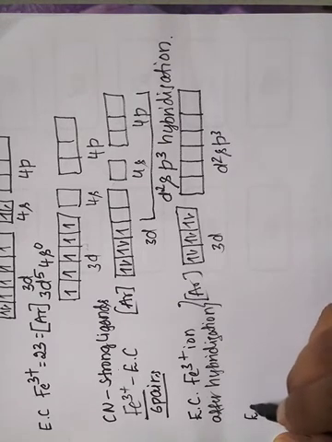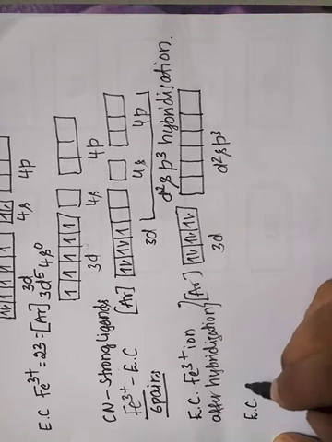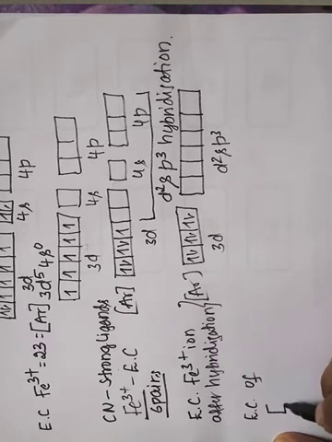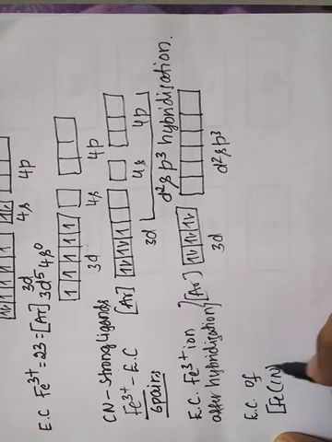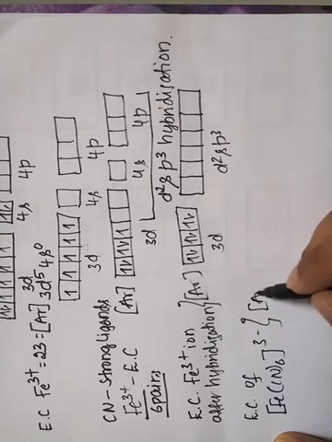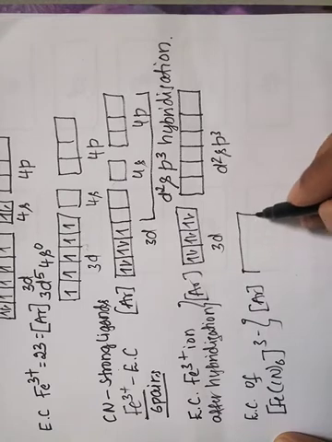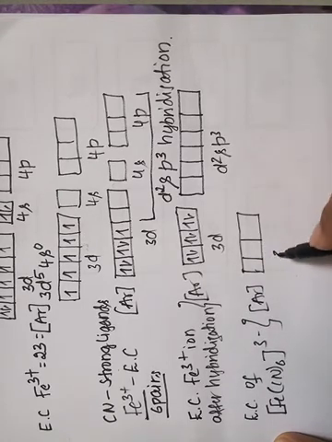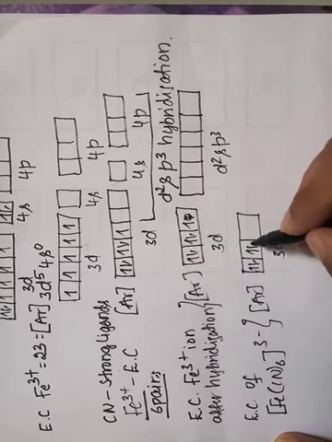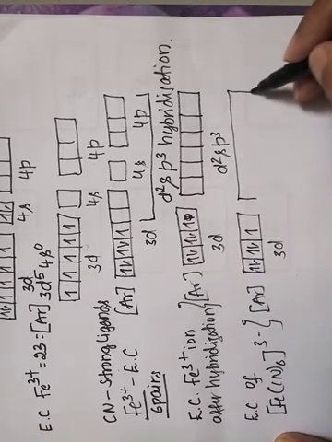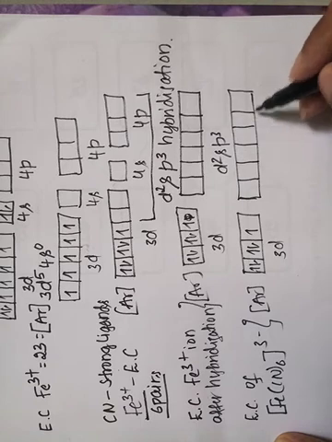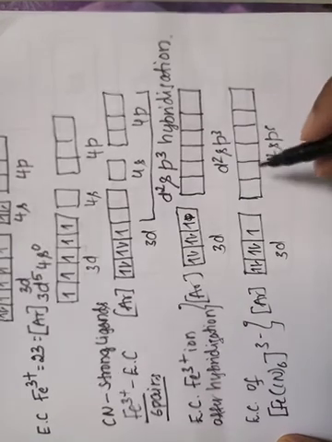Then the electronic configuration of [Fe(CN)6]3- will be [Ar], this is 3d, and the d2sp3 hybrid orbitals.